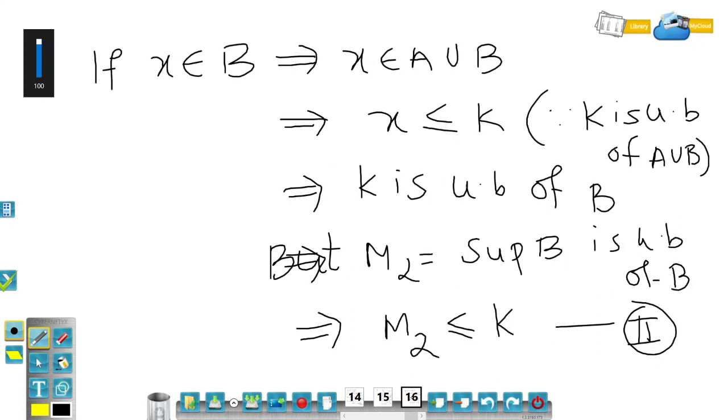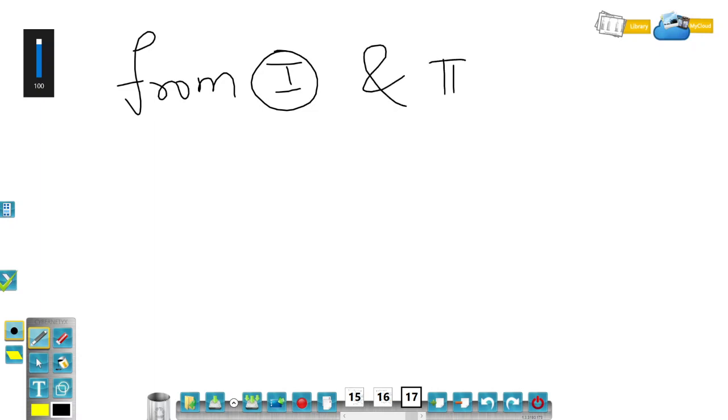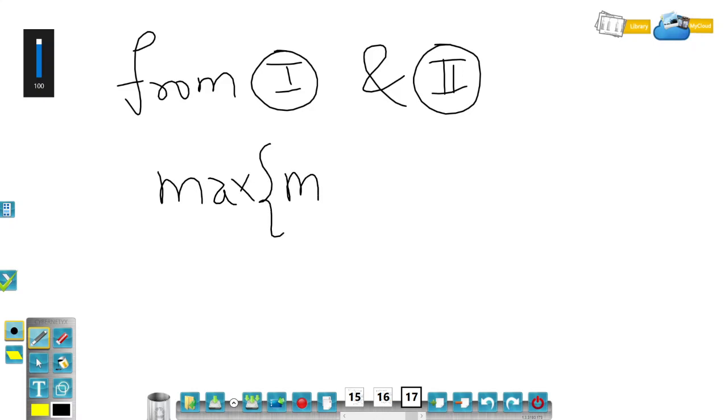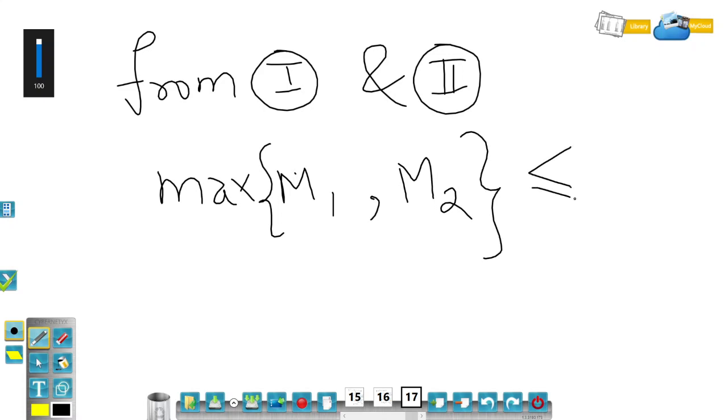So this would imply, from 1 and 2, we can say that the maximum of m1 comma m2 is less than or equal to k.